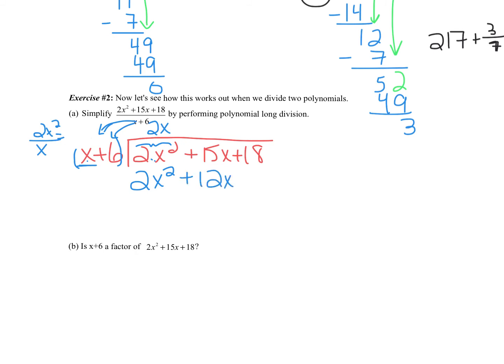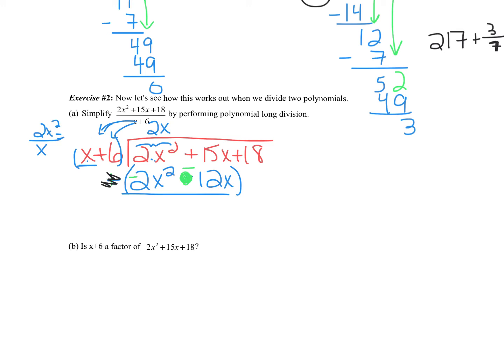And then just like when we had the integers, the next step is to subtract. Now, subtraction with a binomial we know means we have to distribute that negative sign. So the way I suggest doing this is to put this in parentheses, and we're going to change all the signs. So I'm going to change this to addition, change that to a negative, and then also change the sign because we're distributing our negative, and then we kind of ignore this outside sign and we just follow what we see.